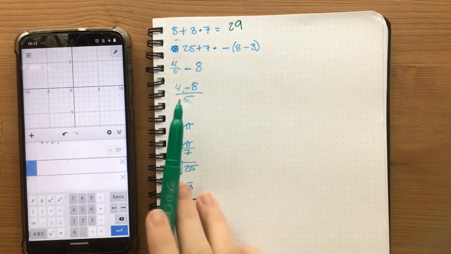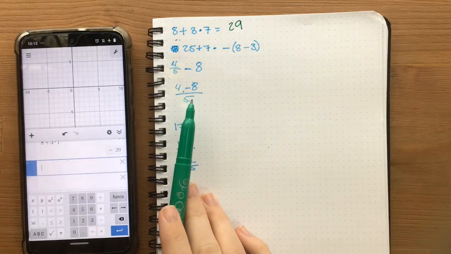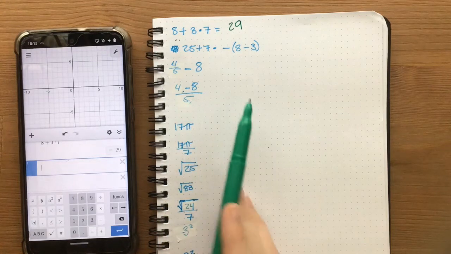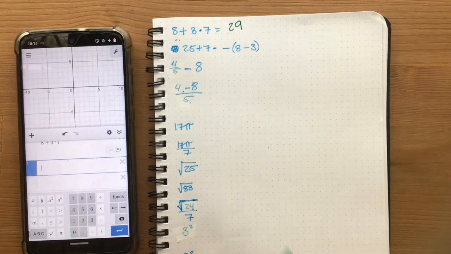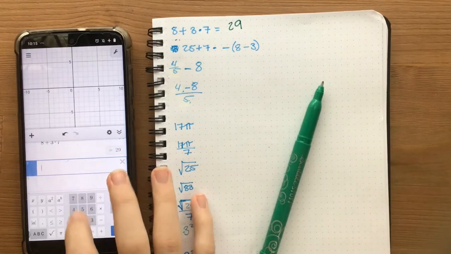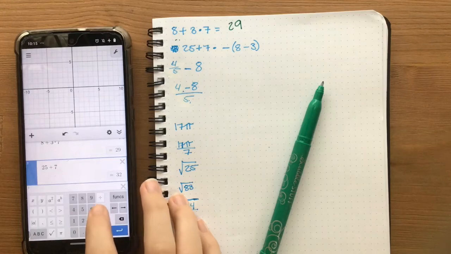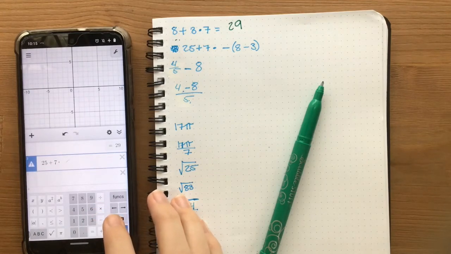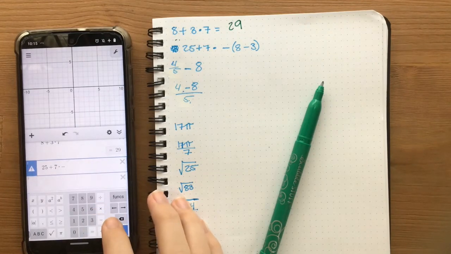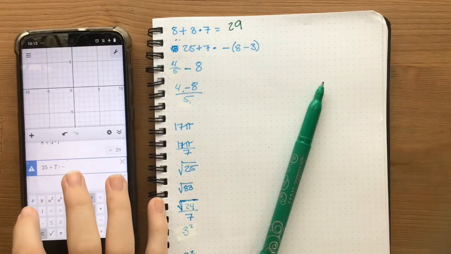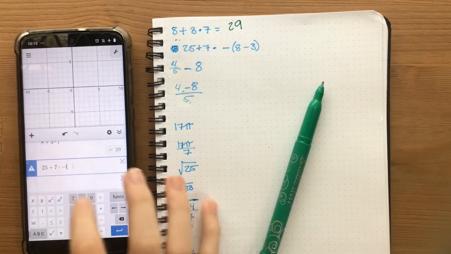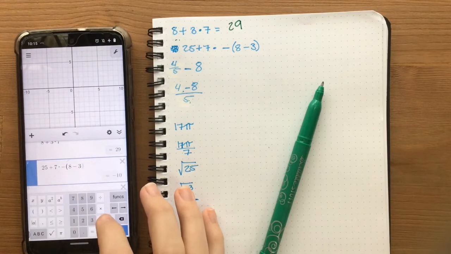Okay, and then moving on, it's 25 plus 7 times negative 8 minus 3 in parentheses. So I'm just going to type it in exactly like it is. 25 plus 7 times negative, and then open parentheses, which are right over here, 8 minus 3.